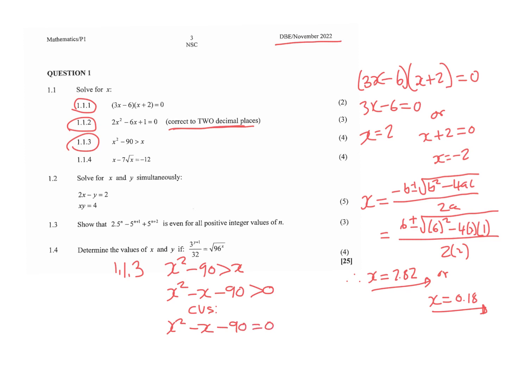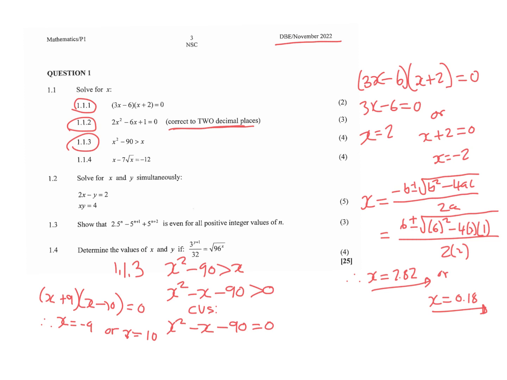Then from there, you can factorize. If we factorize that, you're going to have (x + 9)(x - 10) = 0. Therefore, x will be equal to -9, or x = 10.